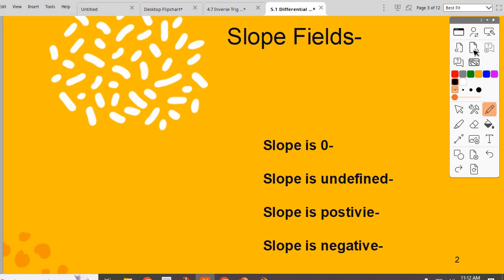Now, the other thing that we're going to be looking at is what's called a slope field.